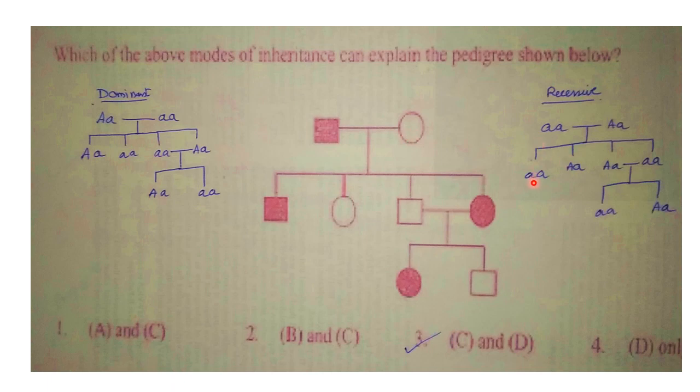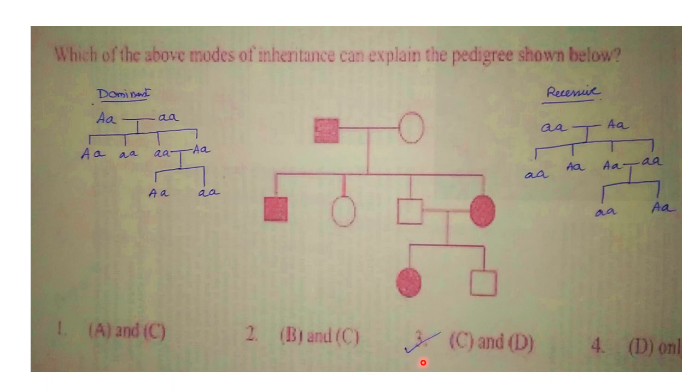So naturally you will get small a, capital A, small a, capital A, small a, and upon crossing capital A, small a with small a, you will get small a, and capital A, small a. So this is a case of autosomal recessive pedigree also.